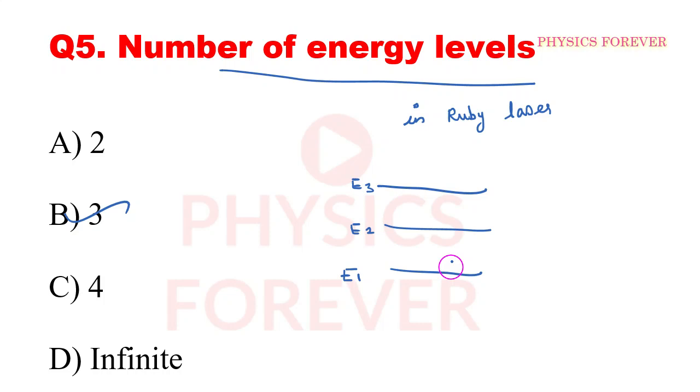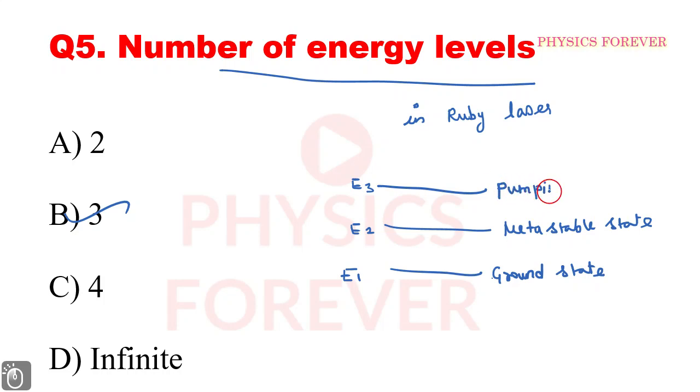Here E1 is the ground state, then E2 is the metastable state, and E3 is the excited state or pumping level.